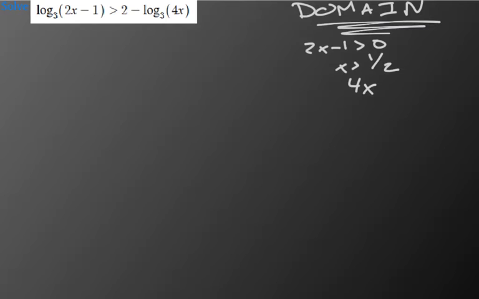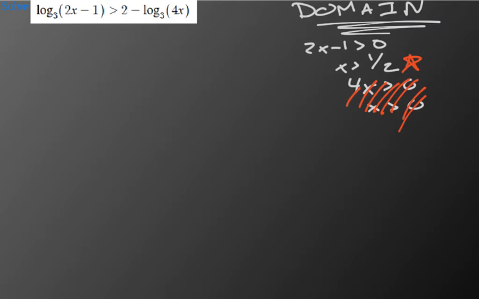We also need 4x to be greater than 0, or x to be greater than 0. So we just need the inside of logs to always be greater than 0. If you compare these two, you need the more restrictive one. If you're bigger than a half, you're already bigger than 0, so we're not actually going to need that one. Later on, this may become an important part of the problem somehow, though.